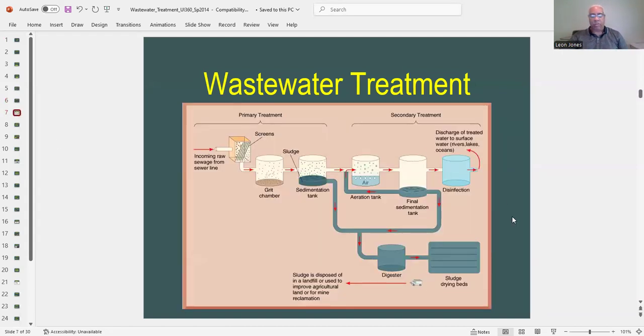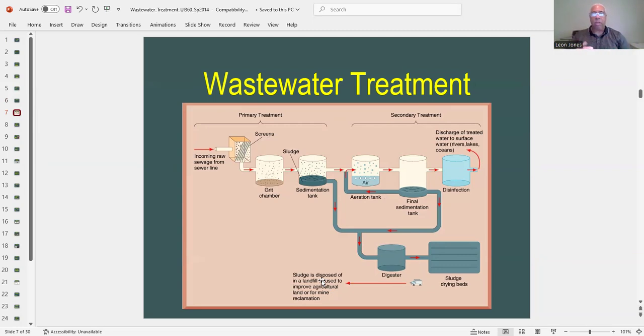Now, here's the diagram, how it works. If you're taking the Fundamentals of Engineering exam, this is what you'll have to know too, because you have two types of treatments. You have primary treatment and you have secondary treatment. Now, I'm going to explain both treatments.